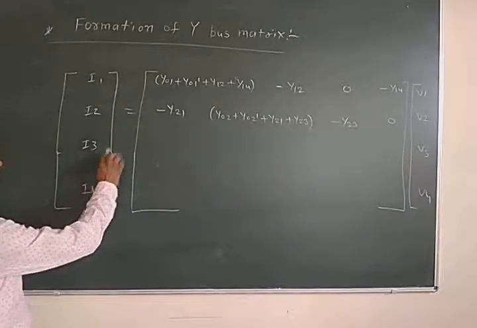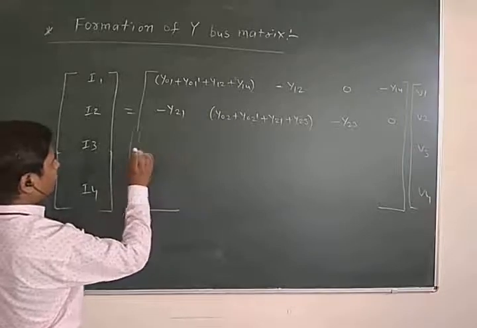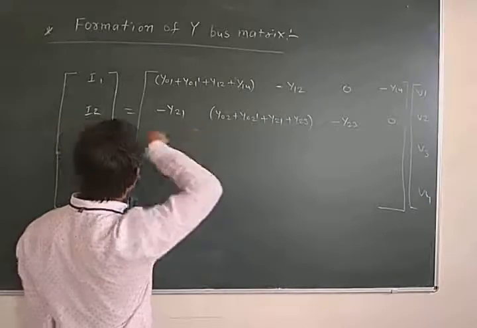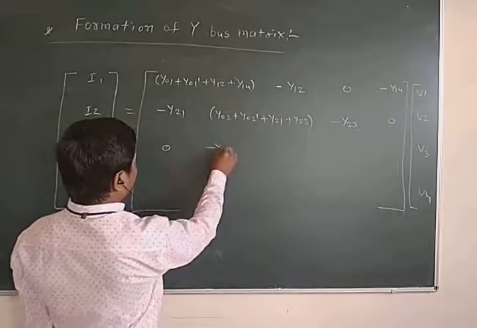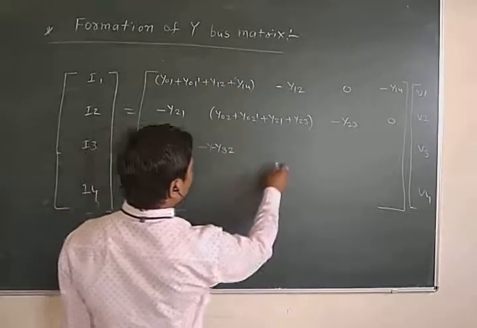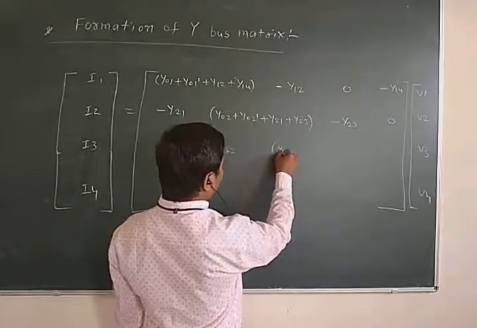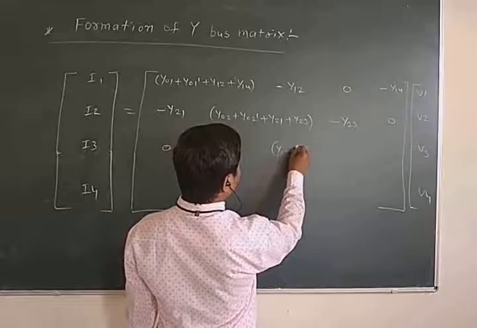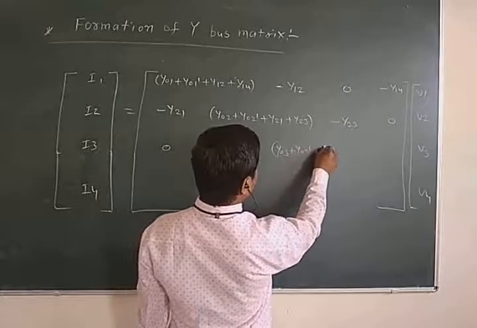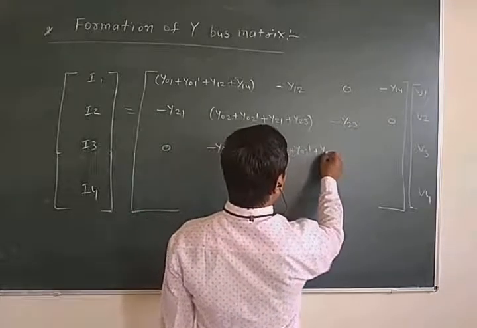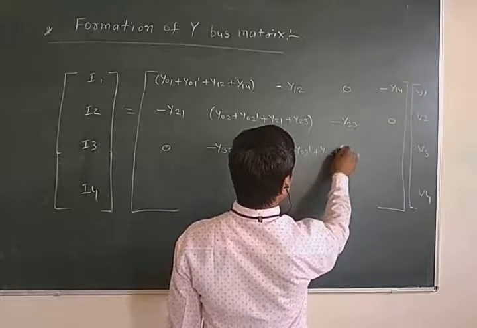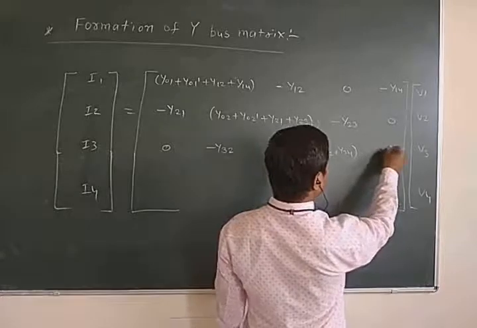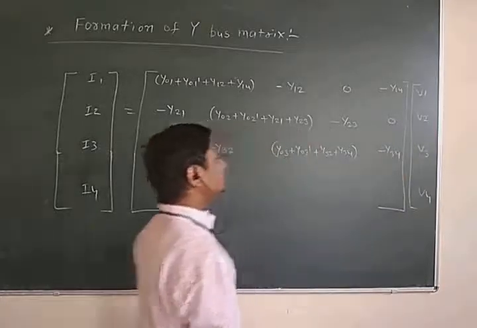Similarly, from equation number 3 we get 0, and second is minus y32, third is y03 plus y03 dash plus y32 plus y34, and last is minus y34.